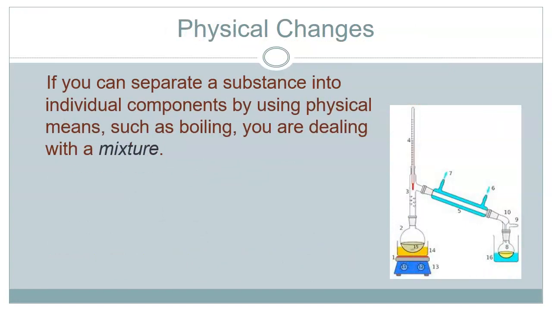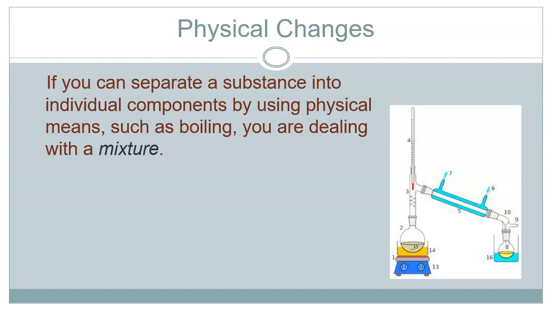All right, so when you have a situation where you actually could, by physical means, and sometimes it's not simple, like I said, but when you can, by physical means, such as boiling, separate the substances back out again, then you are dealing with something called a mixture. When we get to talking about chemical changes, we'll hear the term compound and things like that.